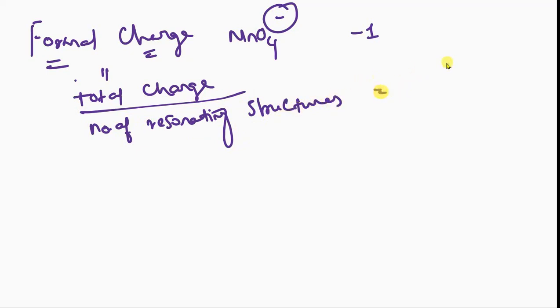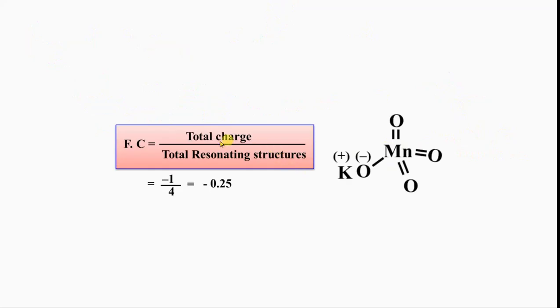So that is minus 1 by 4, which is equal to minus 0.25. So this is the formal charge of the MnO4 minus ion. Formal charge is equal to total charge by total number of resonating structures, that is minus 1 by 4, equal to minus 0.25.